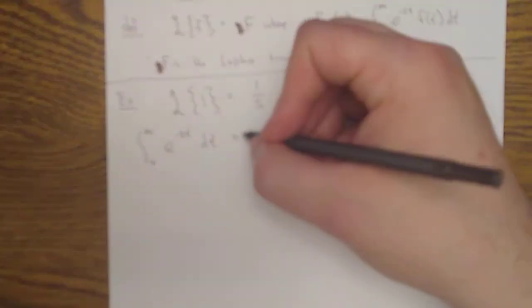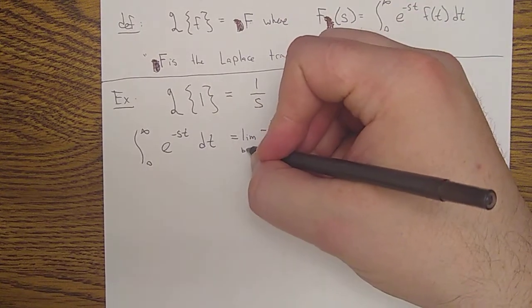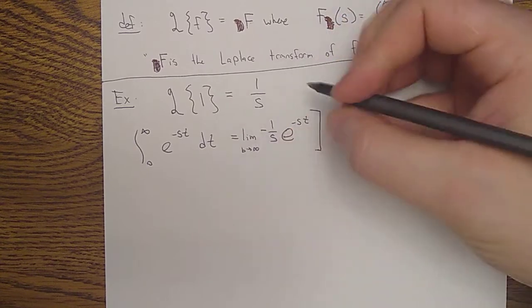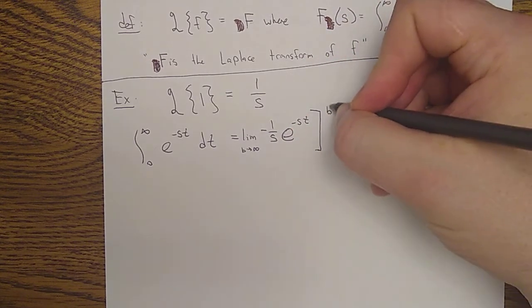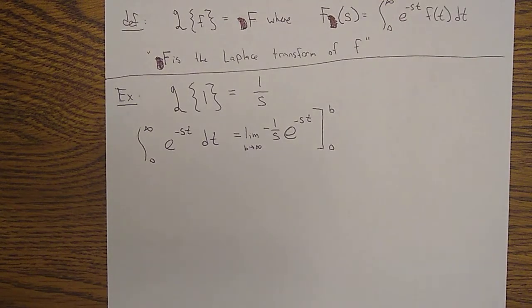So what do we do? If you remember, for improper integrals, instead of doing infinity, I do the limit as b goes to infinity, and then I write b in the place where I was tempted to write the symbol for infinity. That's how we handle this.